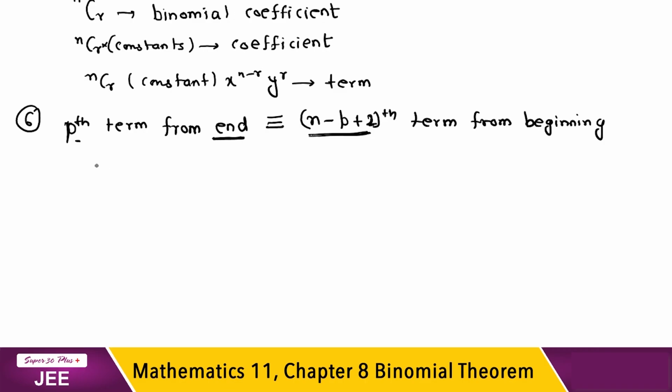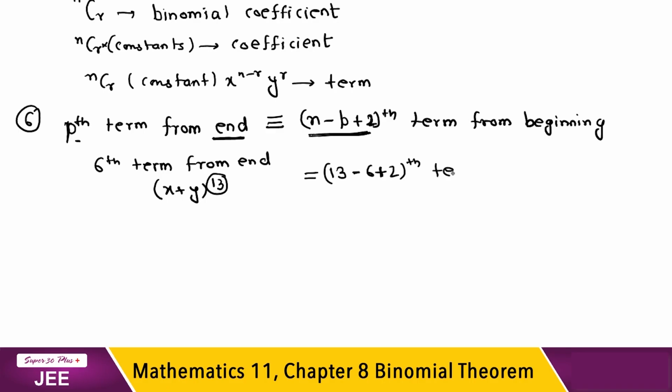Suppose it has been asked what is the 6th term from the end in (x + y) raised to the power 13. So p becomes equal to 6 and n is equal to 13. So the 6th term from the end will be the (n minus p plus 2)th term from the beginning, which upon calculation gives 13 minus 6, 7, plus 2, the 9th term.